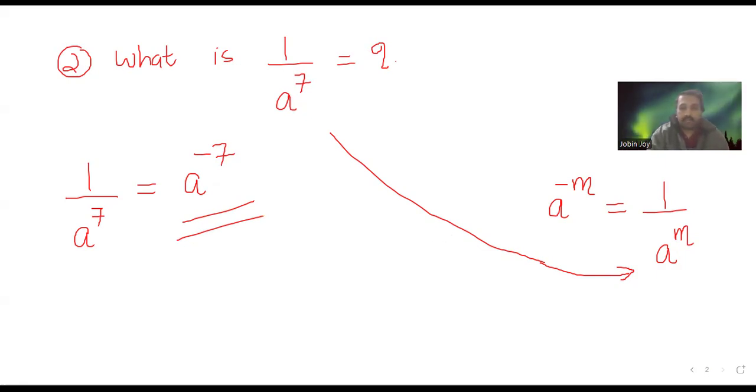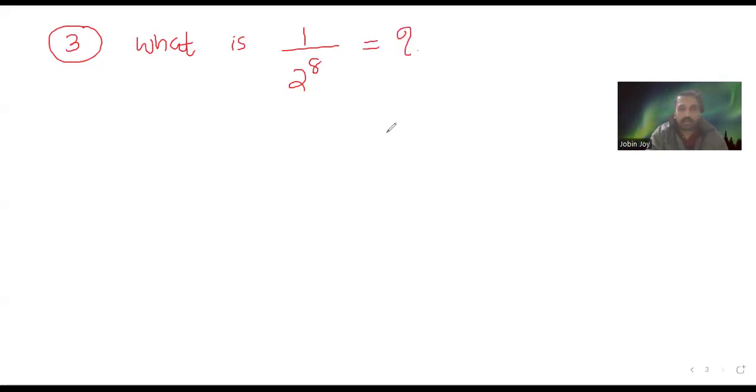Third question. Question number 3. What is 1 by 2 raised to 8? Again, we know that a raised to minus m equal to 1 by a raised to m.